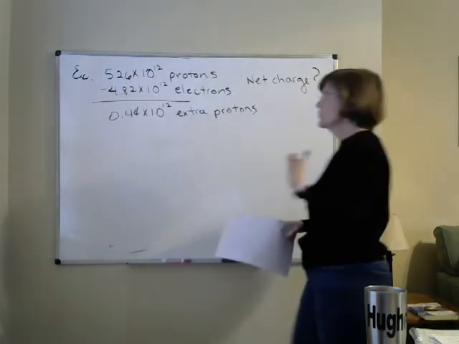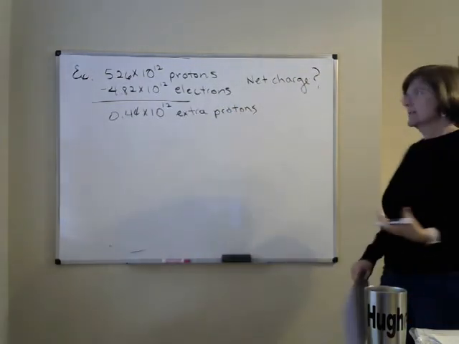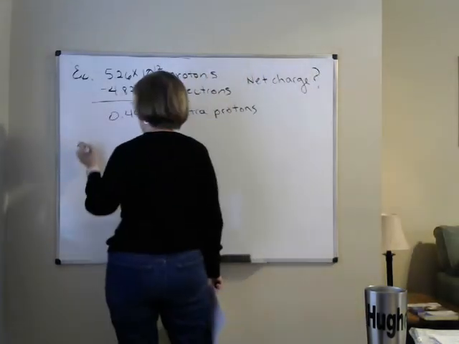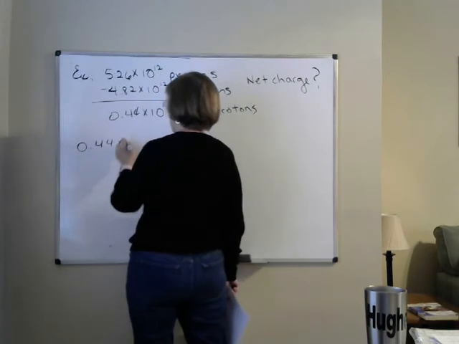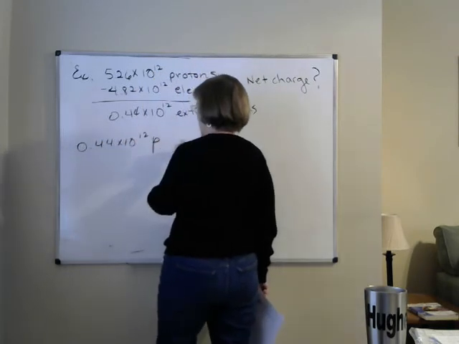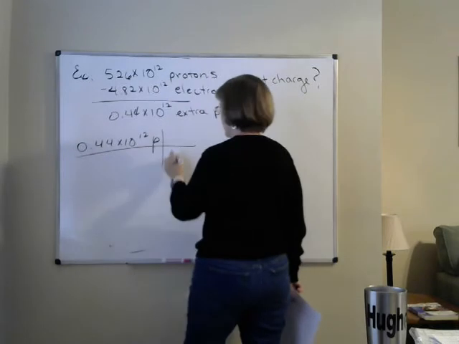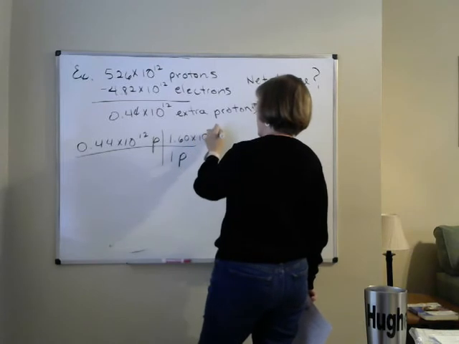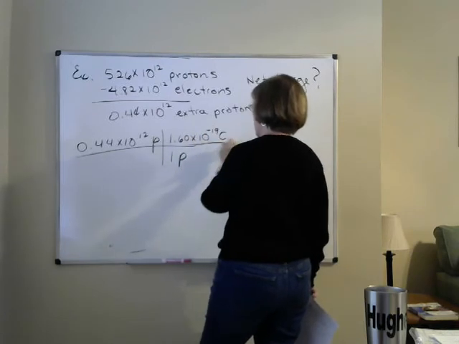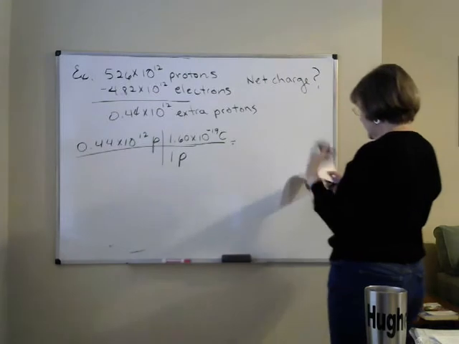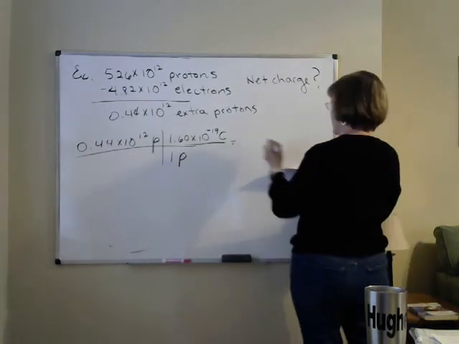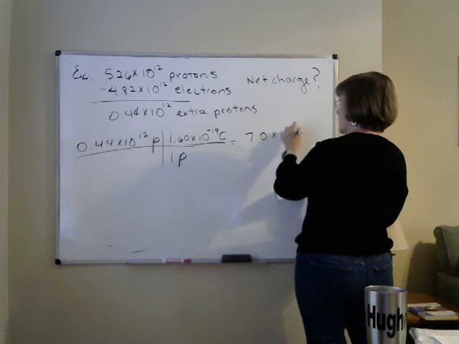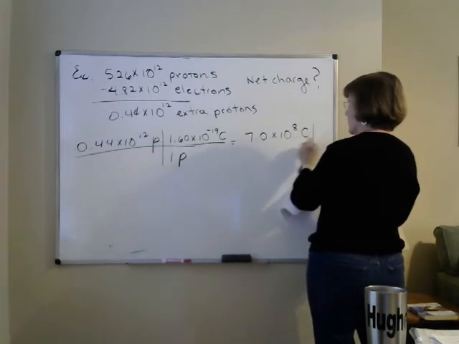Remember, when something's neutral, we have equal quantities of both, but in this case, we have more protons. I know that if I have that many protons, and I know the charge on one proton is a positive 1.60 times 10 to the negative 19 coulombs, then the net charge works out to be 7.0 times 10 to the 8 coulombs.